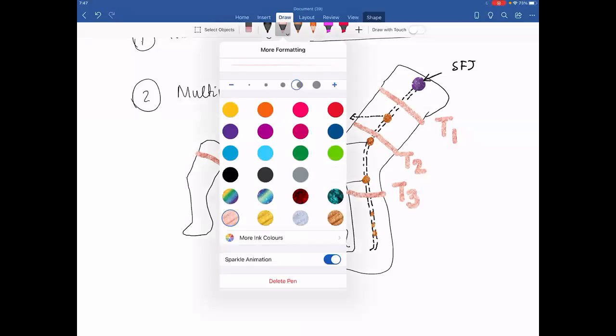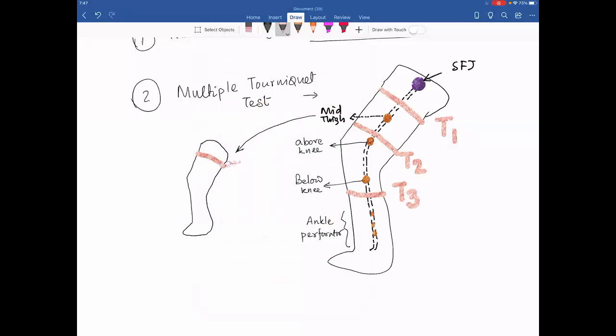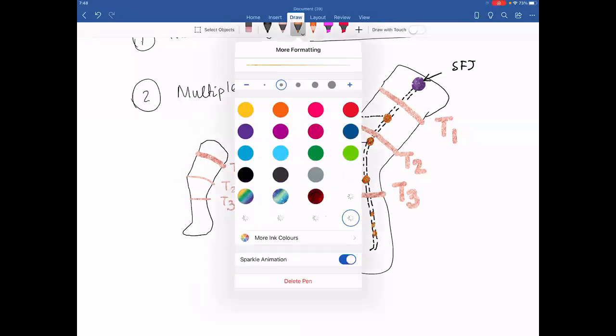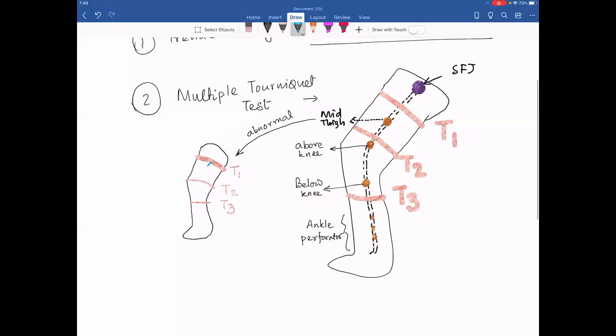T1. This is which tourniquet? T2. This is which tourniquet? T3. Now tell me, if the mid-thigh perforator is abnormal, then what is your observation? Sir, my observation is prominent veins between T1 and T2. Beautiful, sir. That means this is the area that is going to be prominent.